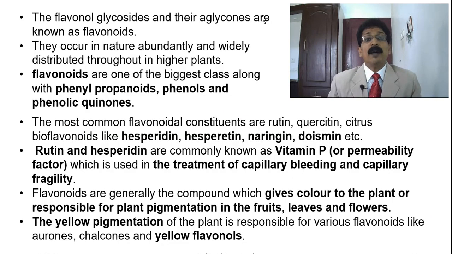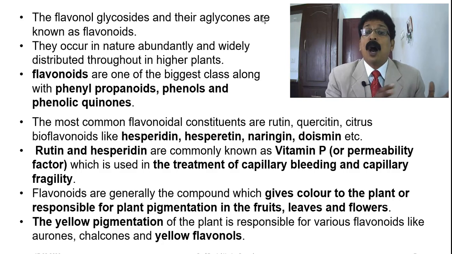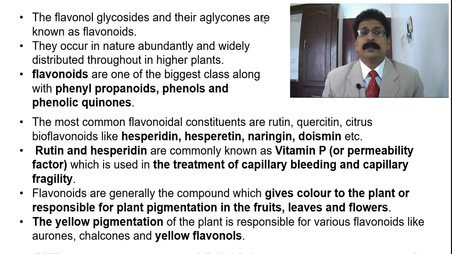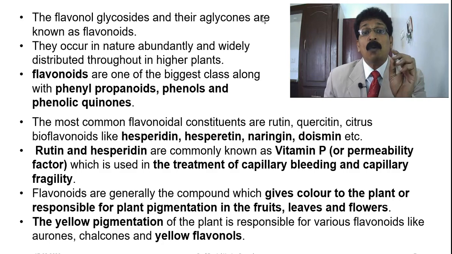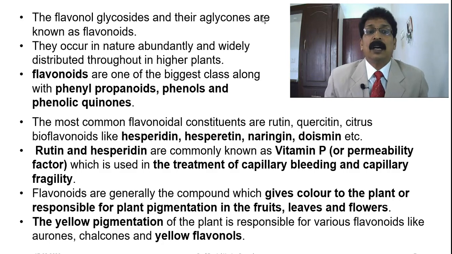And the flavonol glycosides, where the non-sugar part is the aglycone, are known as flavonoids. They occur in nature abundantly and are widely distributed throughout higher plants. Flavonoids are one of the biggest classes along with phenylpropanoids, phenols and phenolic quinones.